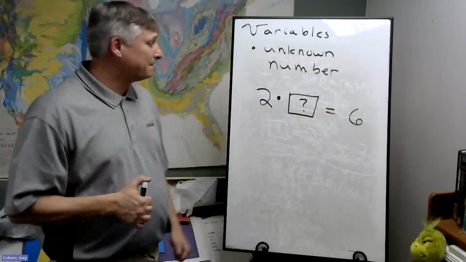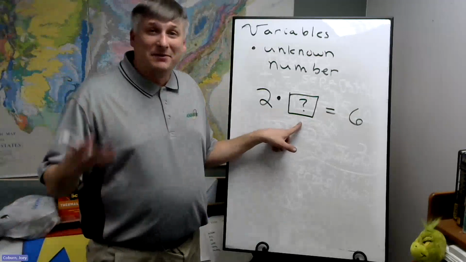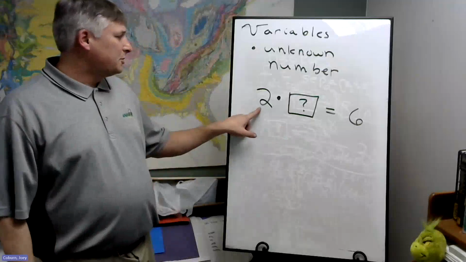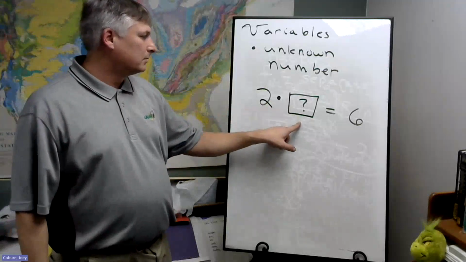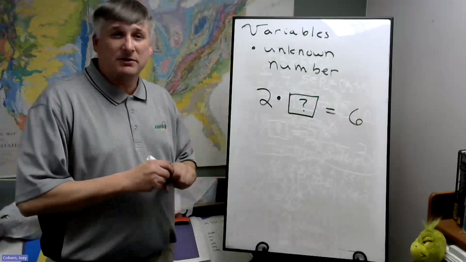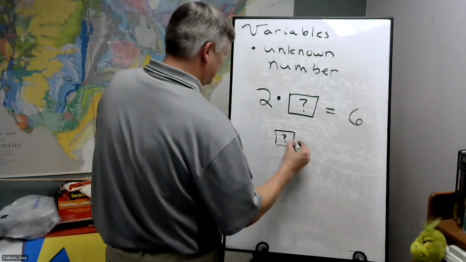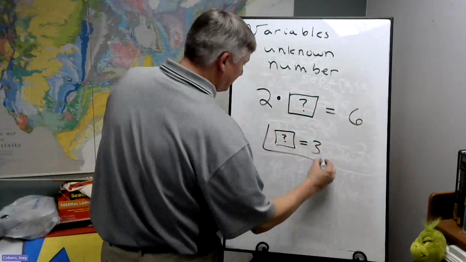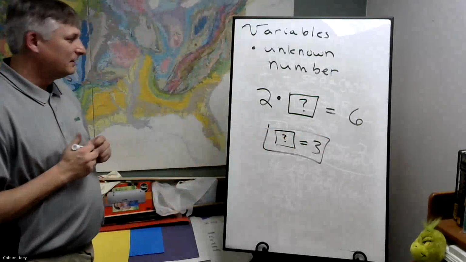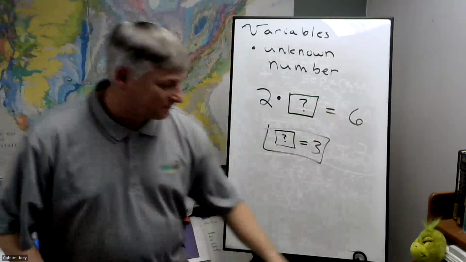We'll talk about that shortly. So here's another one. This is a variable. It's a missing number. So 2 times what number would give you 6? You go through your multiplication tables, you're going to find out that this number is 3. Because 2 times 3 would give you 6.